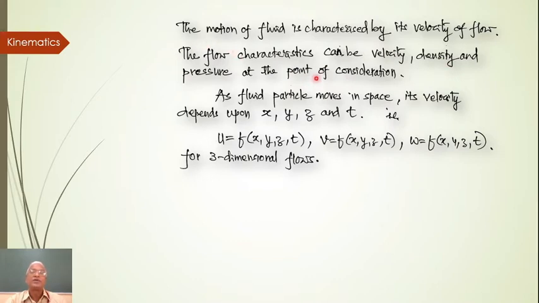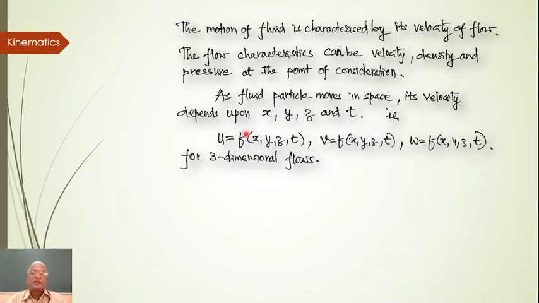Any one of them, but in general we hold it as velocity and discuss the whole matter. So as fluid particle moves in space, its velocity depends upon x, y, z and t. So even the pressure depends upon x, y, z and t. The density depends upon x, y, z and t.